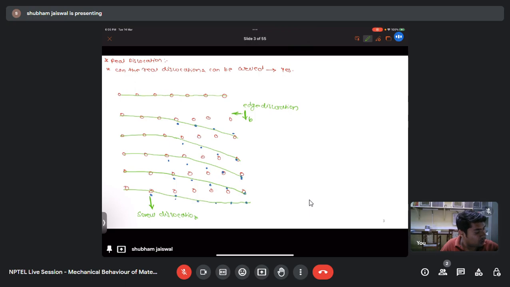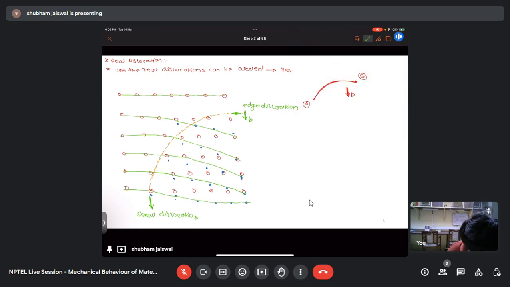So this dislocation line will travel something like this. Let's say this is our point A and this is our point B, and suppose this is the direction of the Burgers vector.